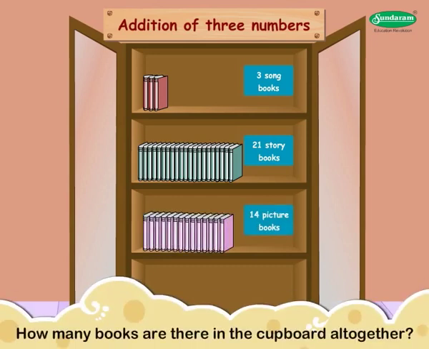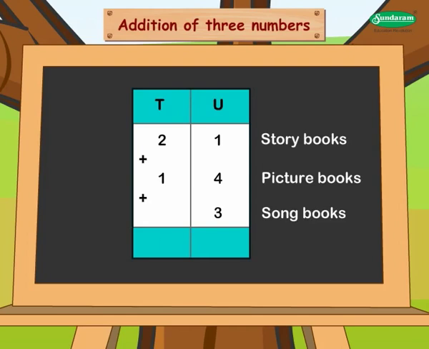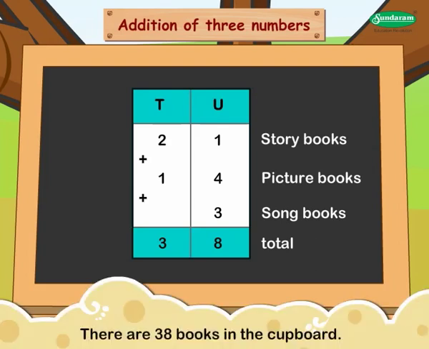How many books are there in the cupboard altogether? 2 tens, 1 unit, plus 1 ten, 4 units, plus 3 units is equal to 3 tens, 8 units. 21 plus 14 plus 3 is equal to 38. There are 38 books in the cupboard.